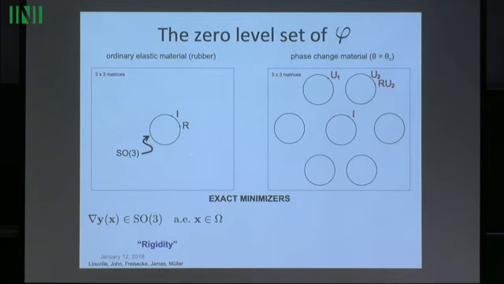So the regularity given by this equation says that the gradient of y is in fact one rotation matrix. So it's a very rigid situation. In this case, the gradient could lie on any of the wells at different positions, and so it's not so clear exactly what kind of microstructures you can have, or what's the flexibility of a crystal with such and such energy well structure, and how does it depend on the choice of this matrix U1.